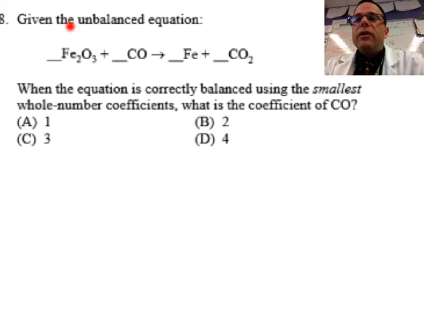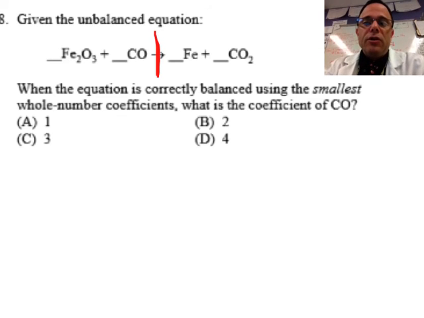Number 8. Given the unbalanced equation, here we have iron 3 oxide combining with carbon monoxide to yield free iron and carbon dioxide. The task: when the equation is correctly balanced using the smallest whole number coefficients, what is the coefficient assigned to carbon monoxide? Now, the way to address these questions is to balance the number of moles of each particular element on both sides of the equation.